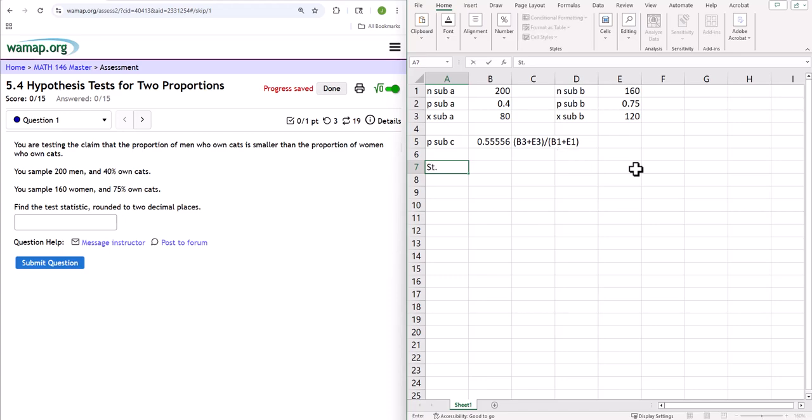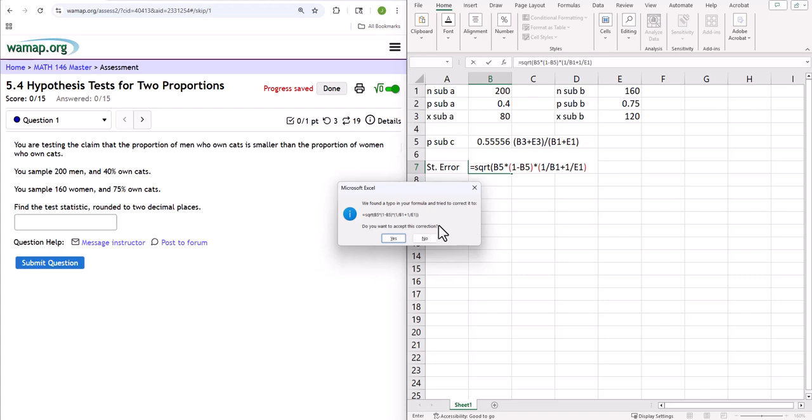Now we need to figure out our standard error. And the standard error is the square root of this pooled probability times 1 minus itself times 1 over N sub A plus 1 over N sub B. And just letting Excel do all this work here, oops, I forgot a set of parentheses.